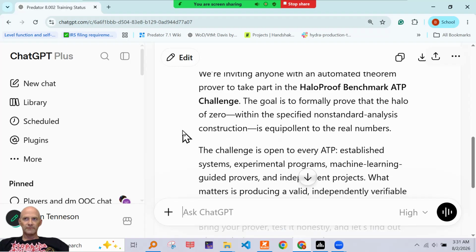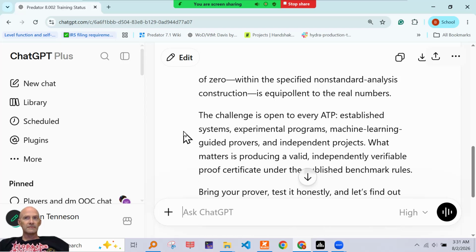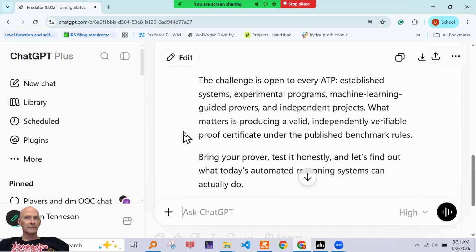The goal is to formally prove that the halo of zero, which is the set of all infinitesimals, within the specified non-standard analysis construction, because there are different ones, is equivalent to the real numbers. So that means in set theoretical terms it is isomorphic, same size, same cardinality.